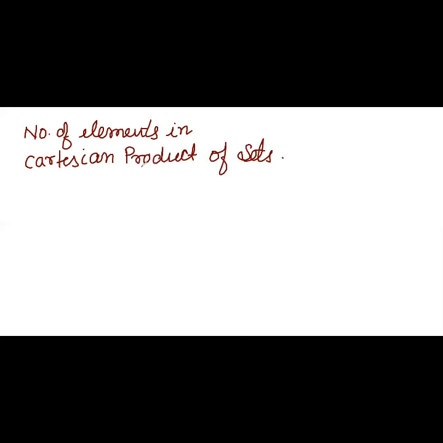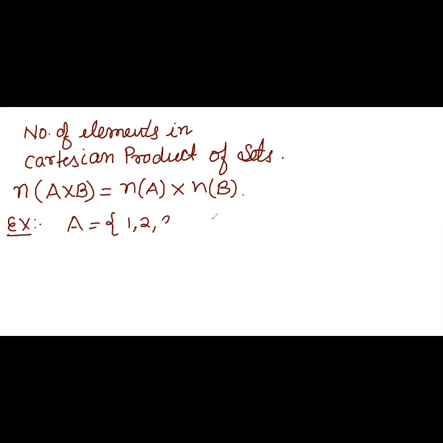Number of elements we will find out, means number of elements in Cartesian product of A and B. So very simple it is, number of elements in A into number of elements in B. Example I am taking for this. If I have A equals to {1, 2, 3}, means number of elements in A equals to 3. And set B I am taking here {7, 8, 10, 12, 15}. So number of elements in B equals to 5.